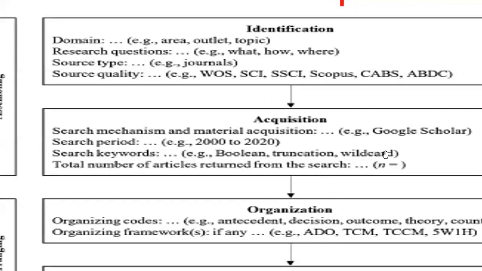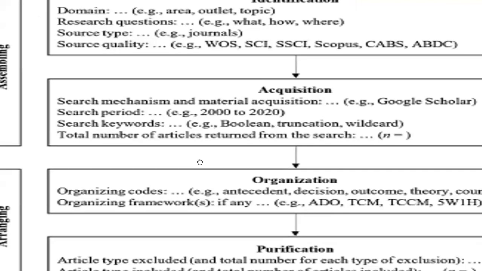Are you using Google Scholar or which ones? Emerald maybe, Elsevier. The search period, are you searching between 2000 and 2020? You have to specify all these. Search keywords, which one are you using? You have to indicate. I'll show you an example, a practical one. The total number of articles returned from the search, etc.